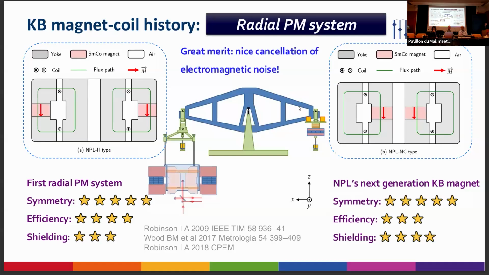So now we finally go to the radial PM systems, right? Ian Robinson already introduced some basic concepts: basically, the BIPM type magnet circuit or the NPL type. For this NPL type, you have one PM that generates opposite fields in two gaps, and then you have a coil with the opposite connection, and then you generate upward and downward force.